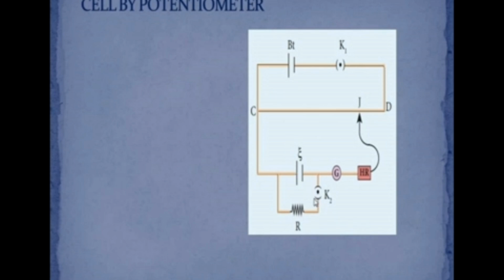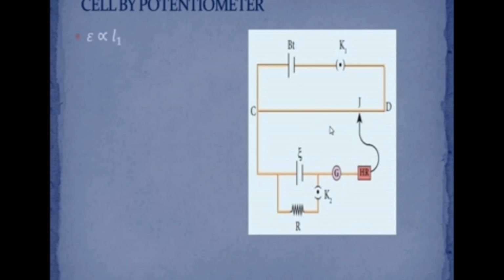After connecting the external resistance by using the key K2, the external resistance is included in the circuit. So the battery current flows through this battery and the resistance. Now we can use the metal jockey to find the balancing length.